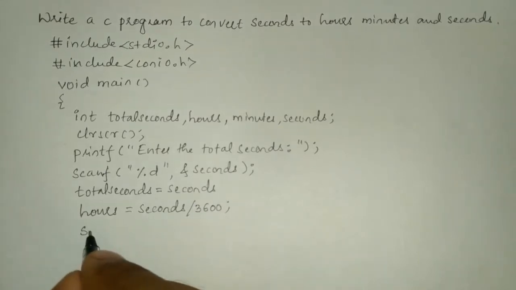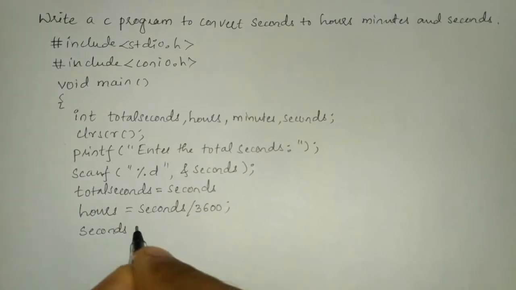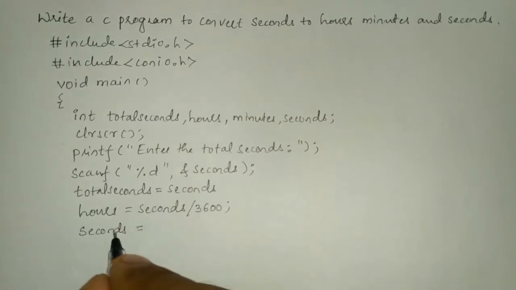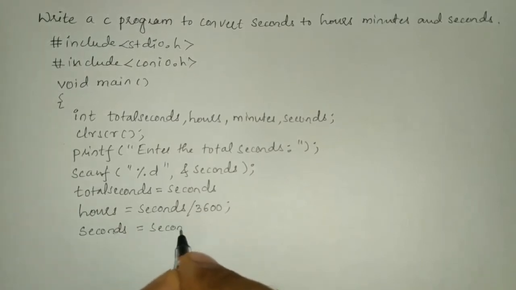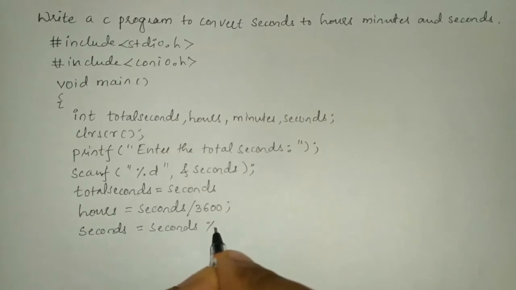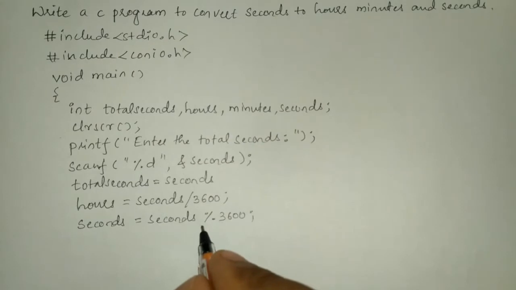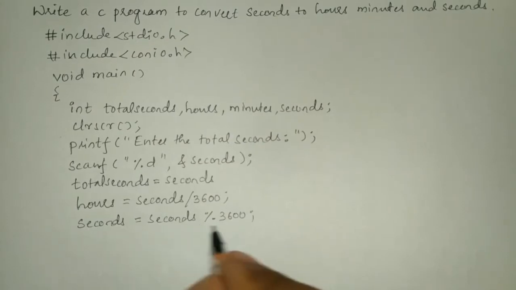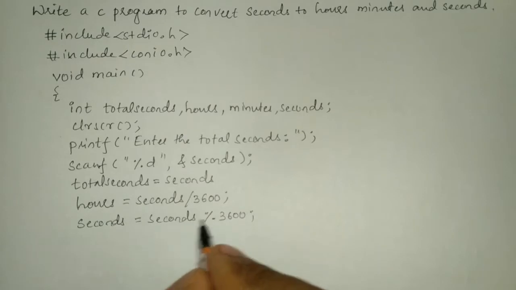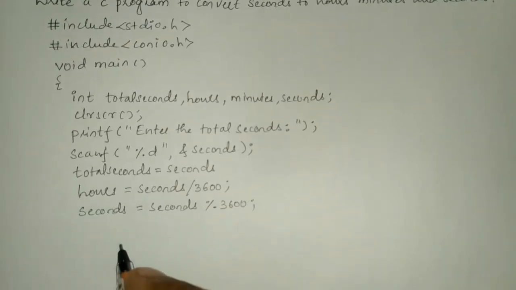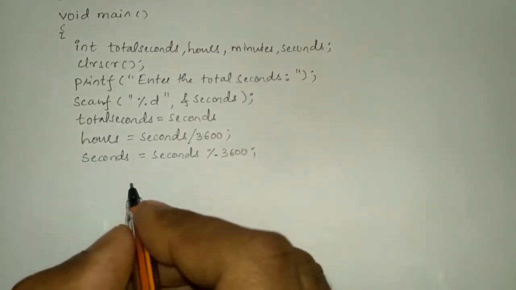Next we are going to write the remaining seconds. For that I'm going to write seconds is equal to seconds modulo 3600. Whenever we use modulo division, this returns the remainder, that is the left over seconds. Those left over seconds will be converted into minutes.